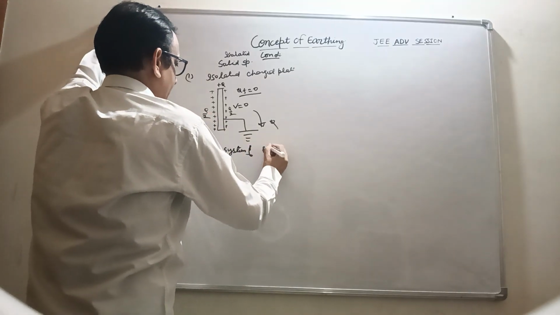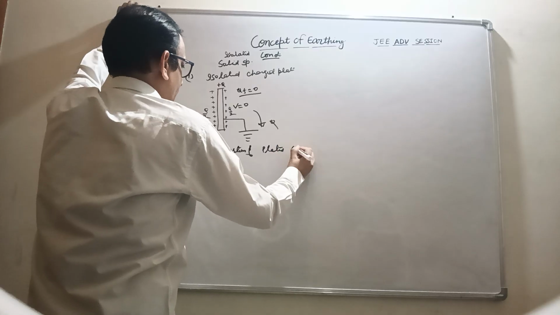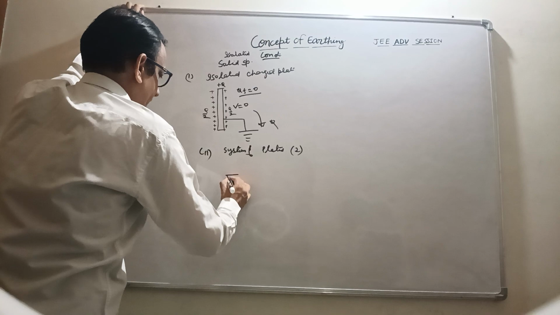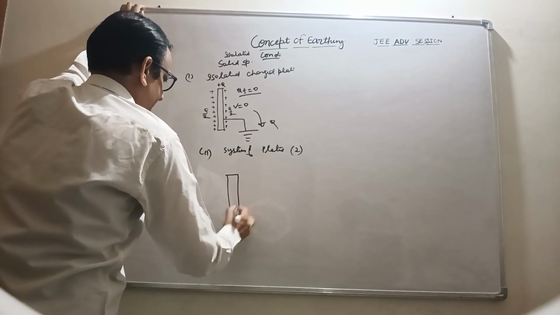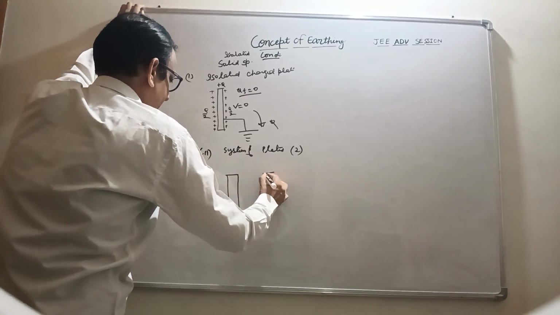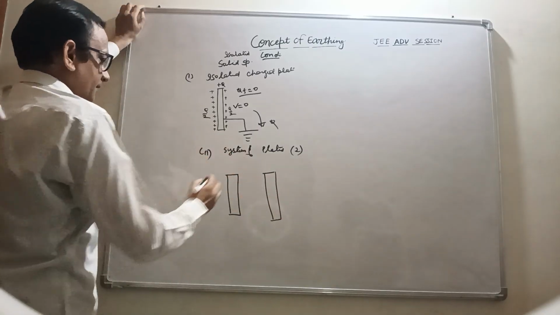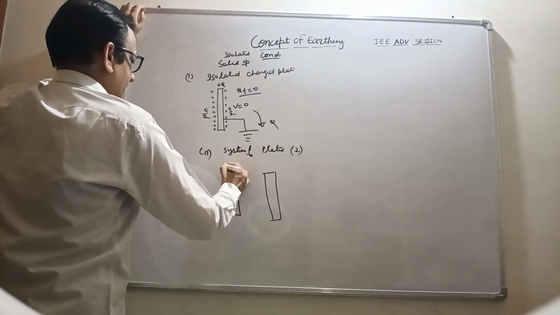Now a system of two plates, where the first plate is charged and another is neutral, not charged. Q charge is here.